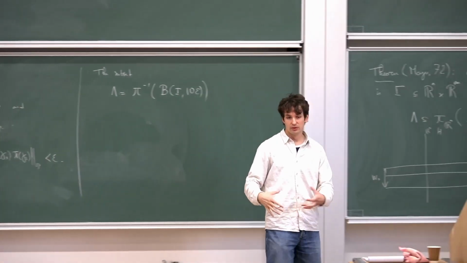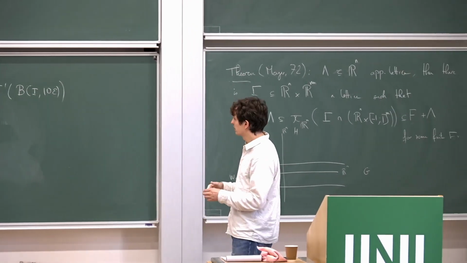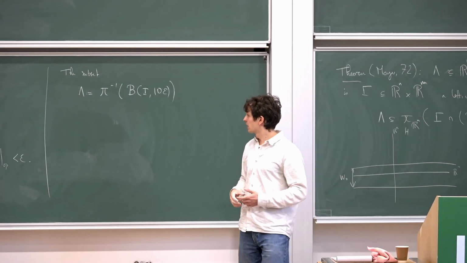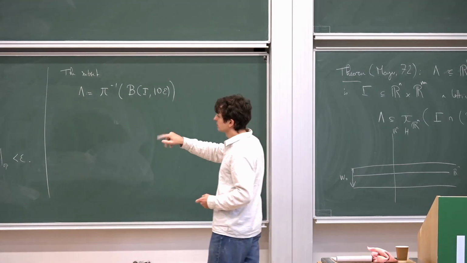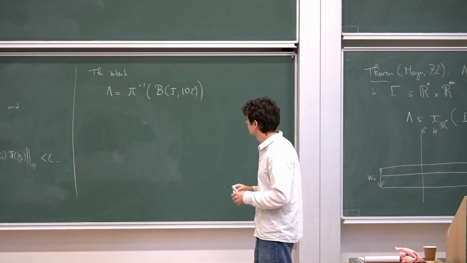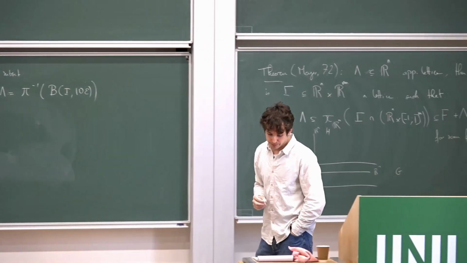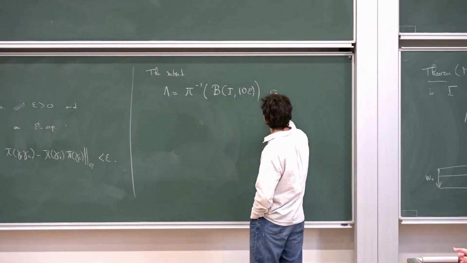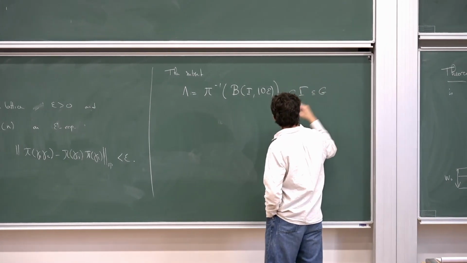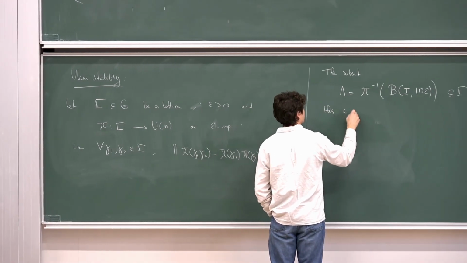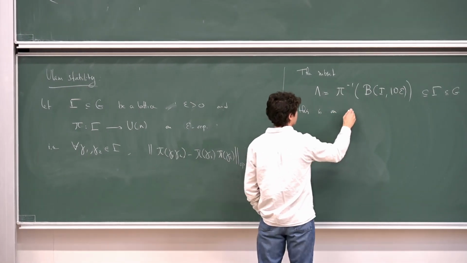I take a small ball, but sufficiently large that the radius is a bit bigger than epsilon. Okay, maybe I need an assumption on the fact that pi is symmetric, but it can be done easily. And then this is a subset of gamma, so it's a subset of G, and this is an approximate lattice.